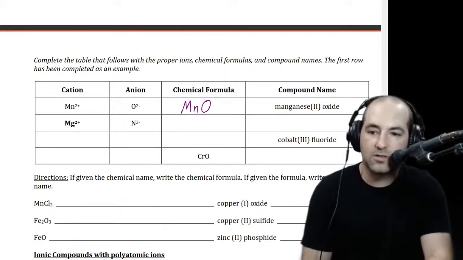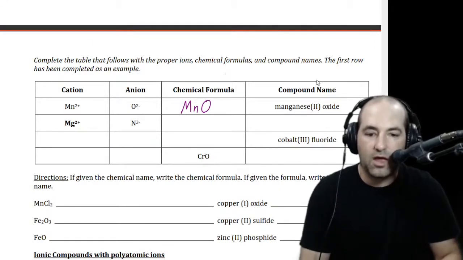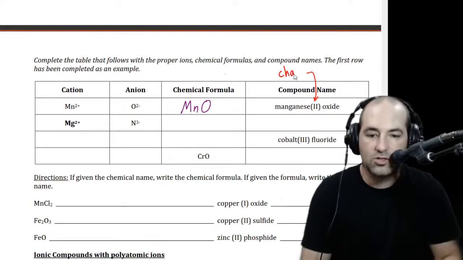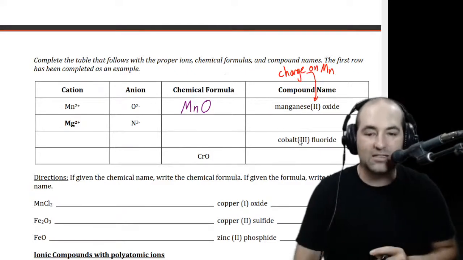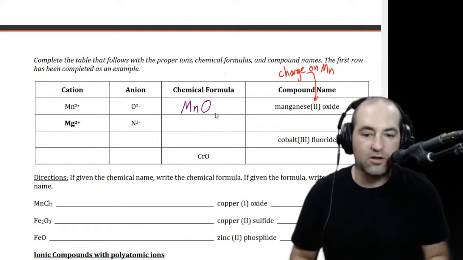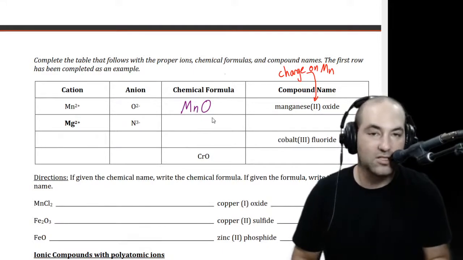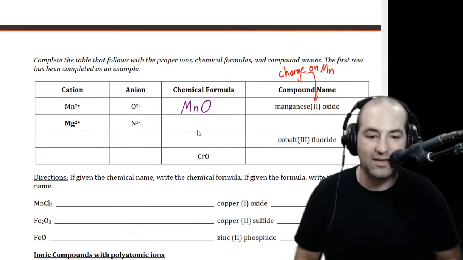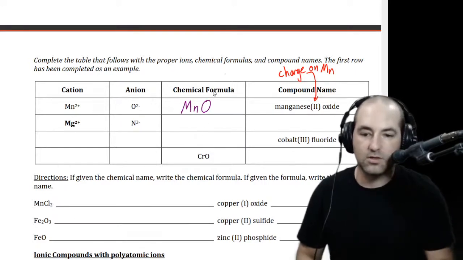This is perhaps the most missed part of all of the naming we do, forgetting what that 2 corresponds to. That 2 is the charge on the manganese, not the subscripts. Notice neither of these elements has a 2 down there. So that 2 does not correspond to the subscripts. It corresponds to the charge on the cation, in this case manganese.